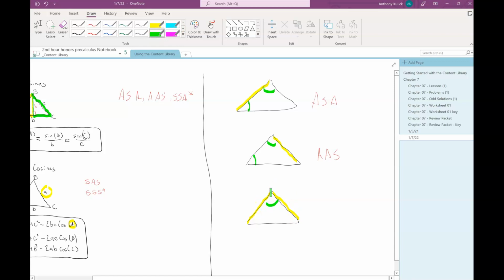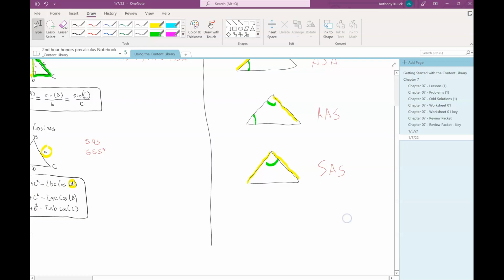What about this one? We have two sides and an angle. Is this side angle side or side side angle? Side angle side. Again, you can tell because the given sides make up the given angle.